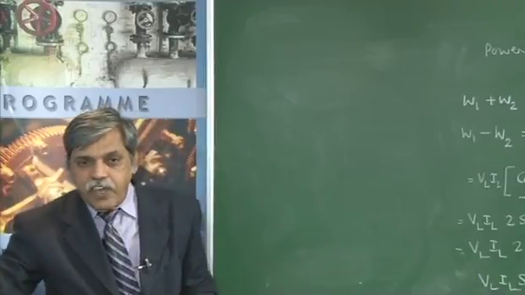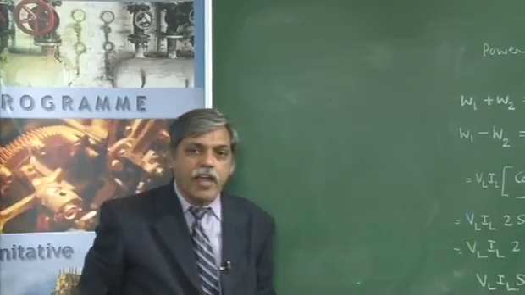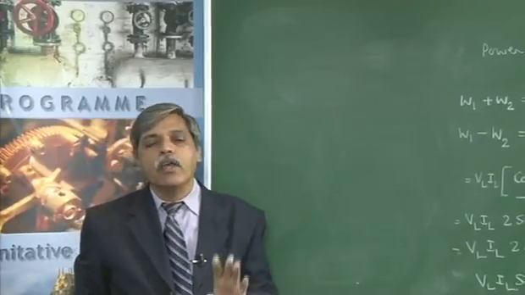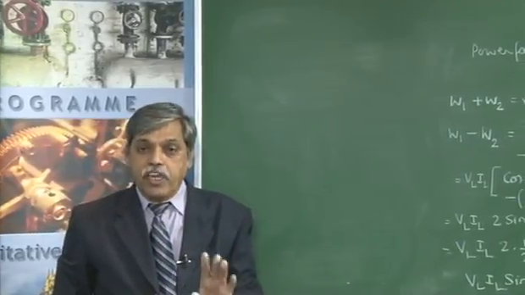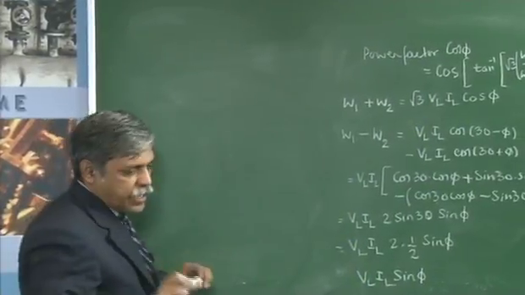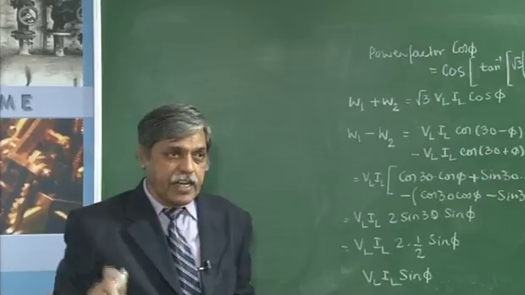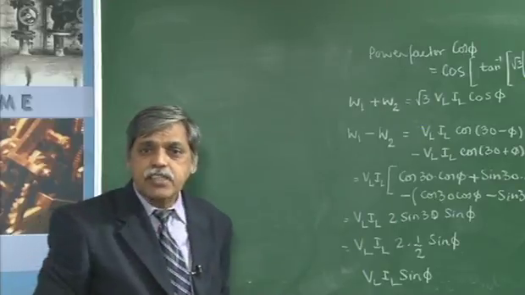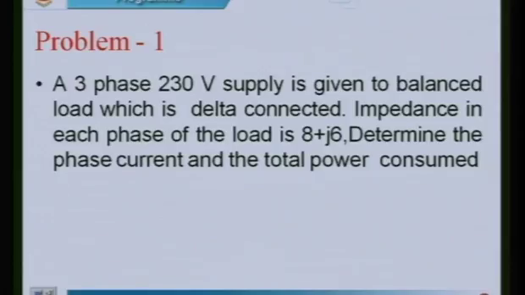In calculating the phase current, I simply divide the phase voltage by the impedance of the phase. Here first you should write down how the load is connected. As the statement says, it is a balanced load, that means all three phases have equal impedance, and it is delta connected.